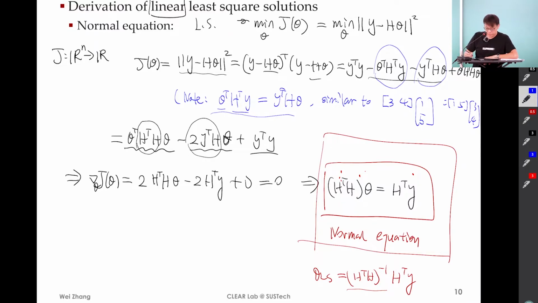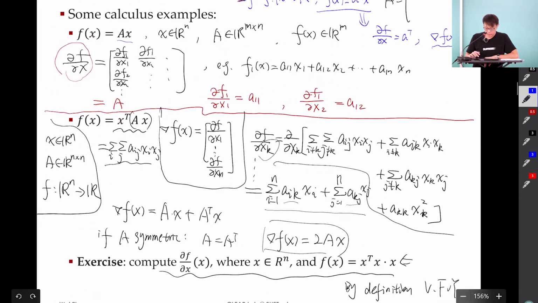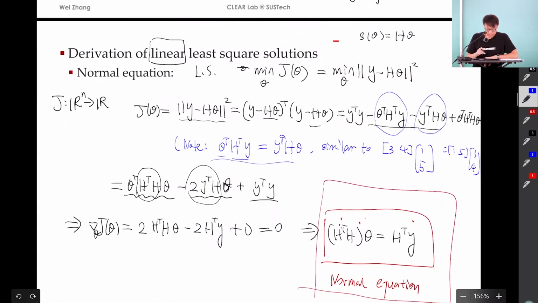So that's why when we derive this optimality condition, where is it? Here, right? This is something times theta, but this something is a row vector. That's almost like this A transpose. And when you take the Jacobian, it will be this guy transposed, which will be H transpose times Y. That's where this term comes from.